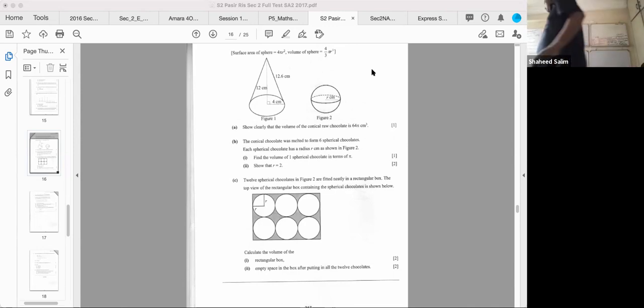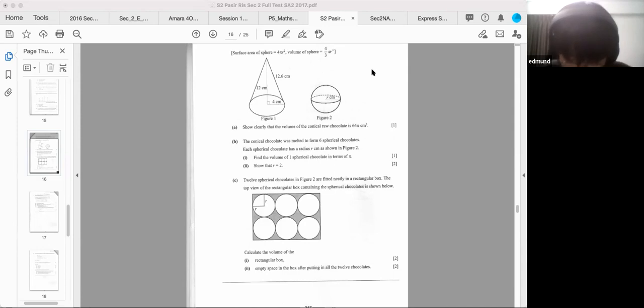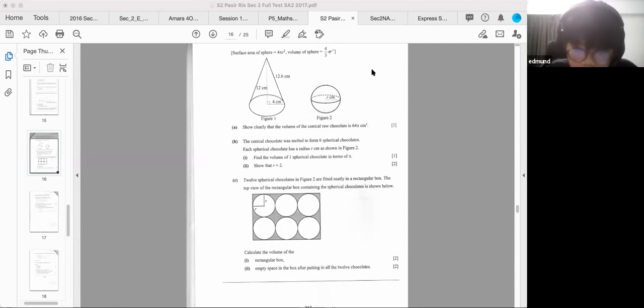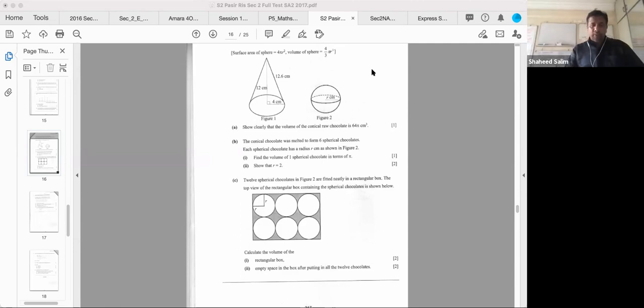Just give me a moment. Can do that. What's the graph of the rectangle?